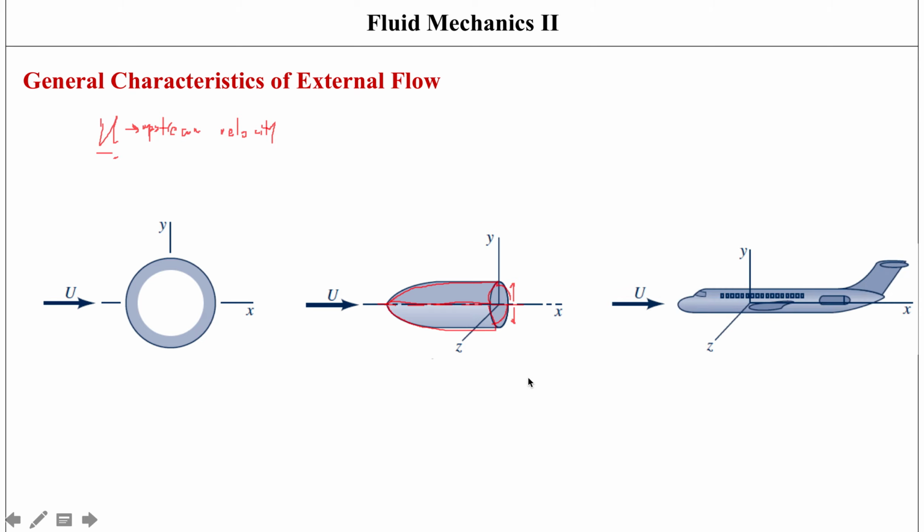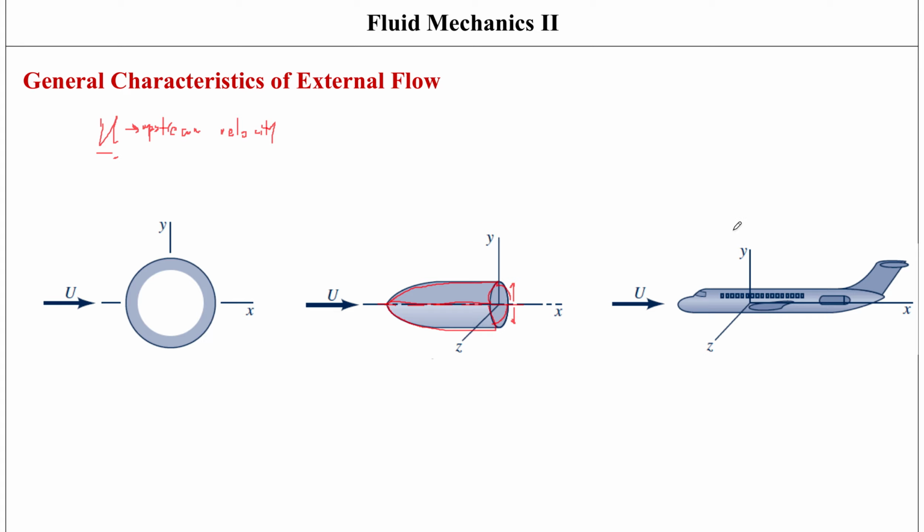And then the third one is where we can't analyze the objects either as a two-dimensional object or as an axisymmetric body. So then we have to analyze them as three-dimensional bodies.